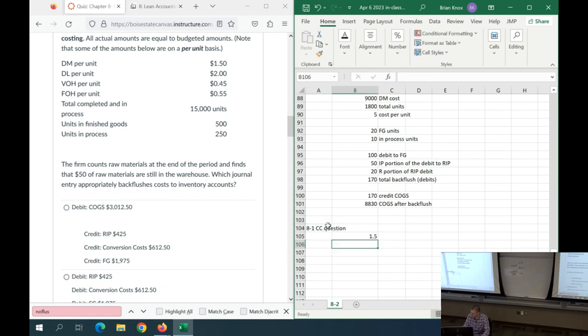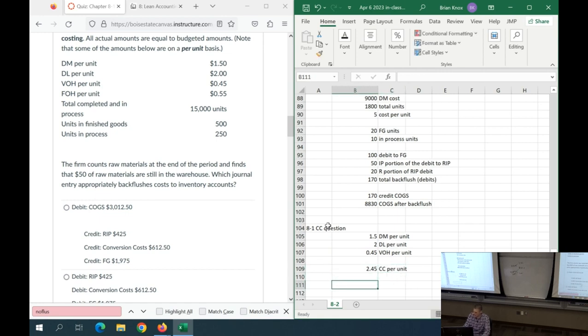Yeah, we'll copy it all down: DM per unit, DL per unit, and VOH per unit. So the conversion cost per unit is $2.45.